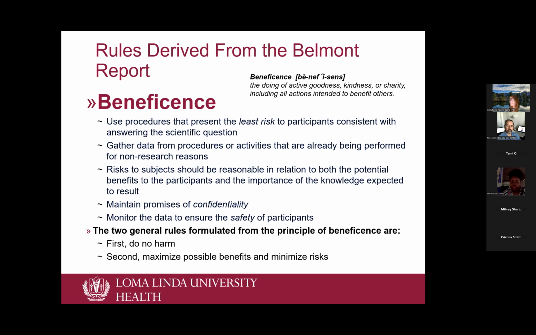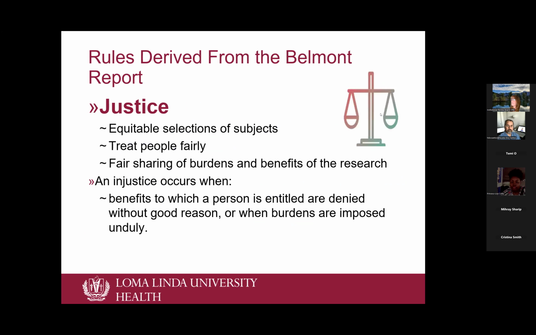Risk to subjects should be reasonable in relation to both potential benefits to that participant and, most importantly, to the knowledge expected to result from your clinical trial. Then maintaining that promise of confidentiality for those subjects, and monitoring the data to ensure the safety of your participants. So basically, this is boiled down to two general rules: first, do no harm, and second, maximize possible benefits and minimize your risks.